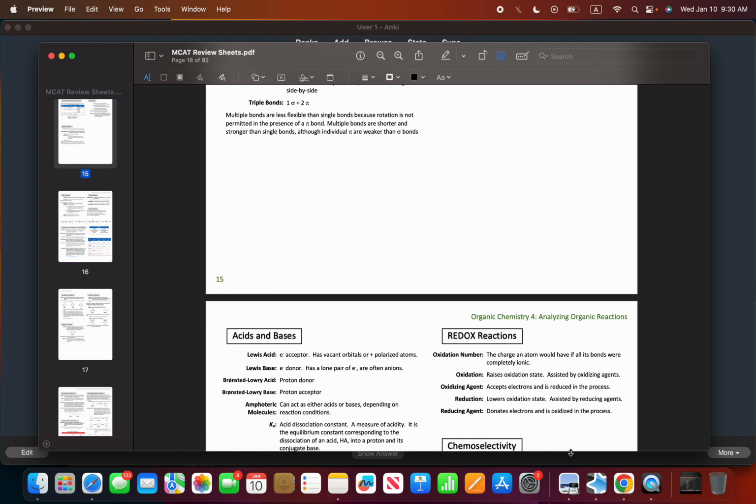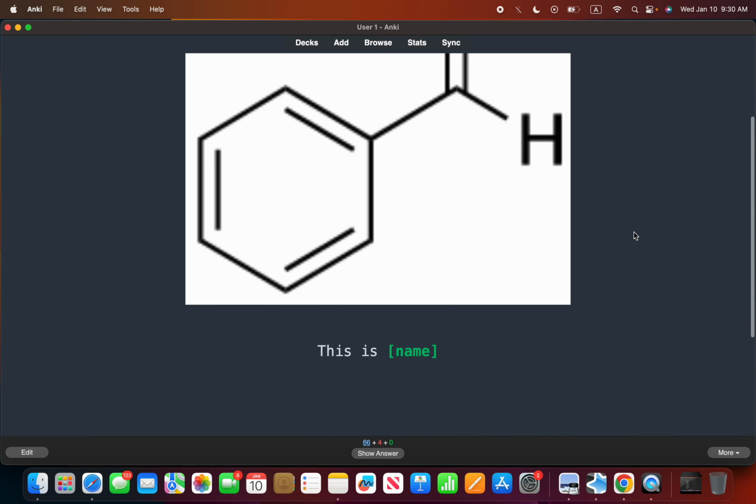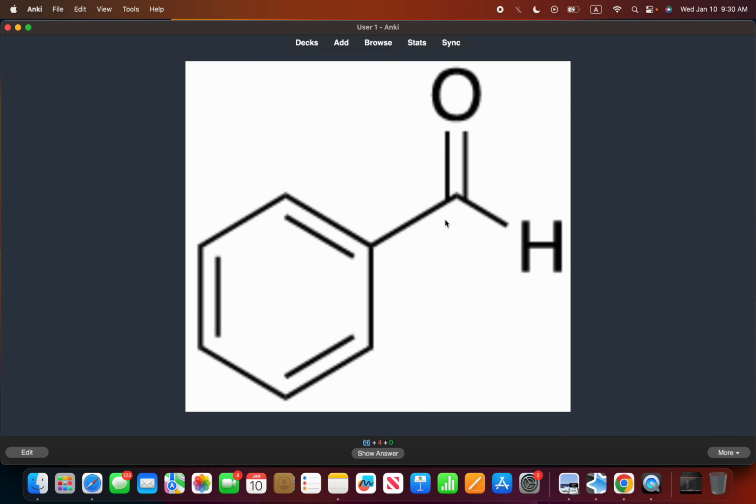Cool. Where are we here? What is this? This is ketone. We have the benzene. We have the ketone. So this must be benzaldehyde.